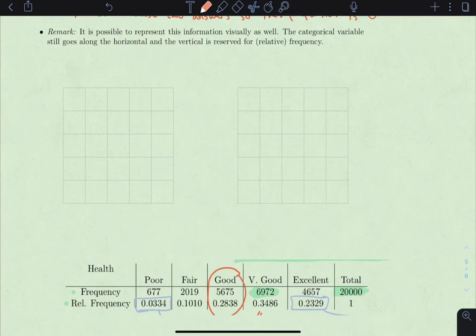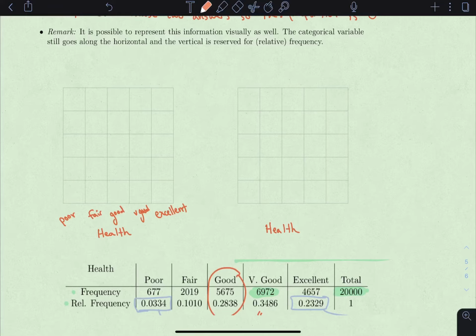So, on the horizontal still goes the variable, like health. We're going to produce histograms, both a relative frequency and just a frequency histogram. And so we have poor, fair, good, very good, and excellent.